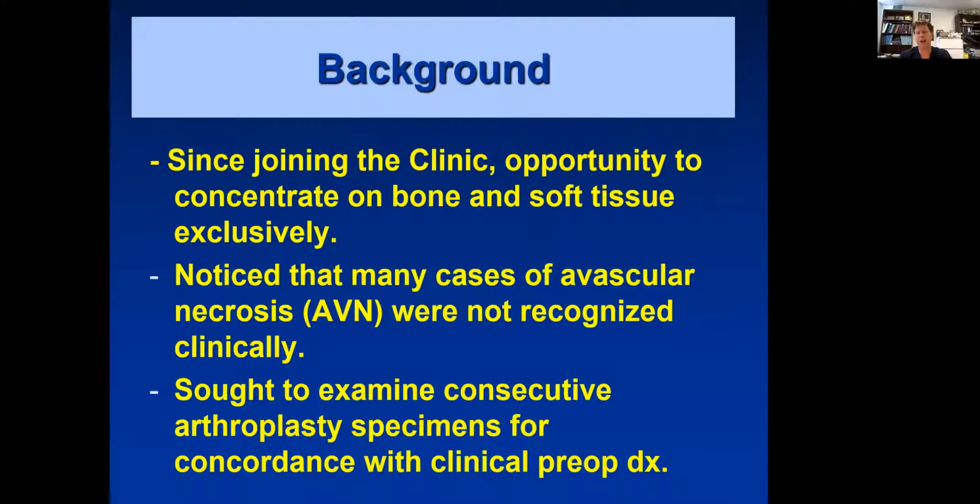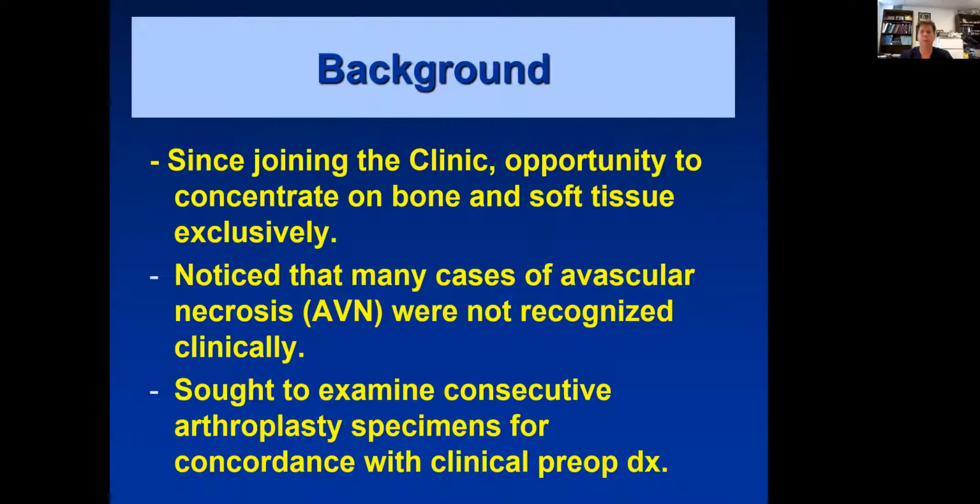At first I thought, well, maybe that's just a mistake on the surgical path requisition. So I went back and looked at the operative report, and ultimately that led to looking at radiology reports and radiology. And what we found was that actually the overwhelming majority of cases, what we were seeing on the path report was the preoperative diagnosis. So I wondered, what else are we not seeing on these arthroplasty specimens other than the incidental findings that we were aware of?